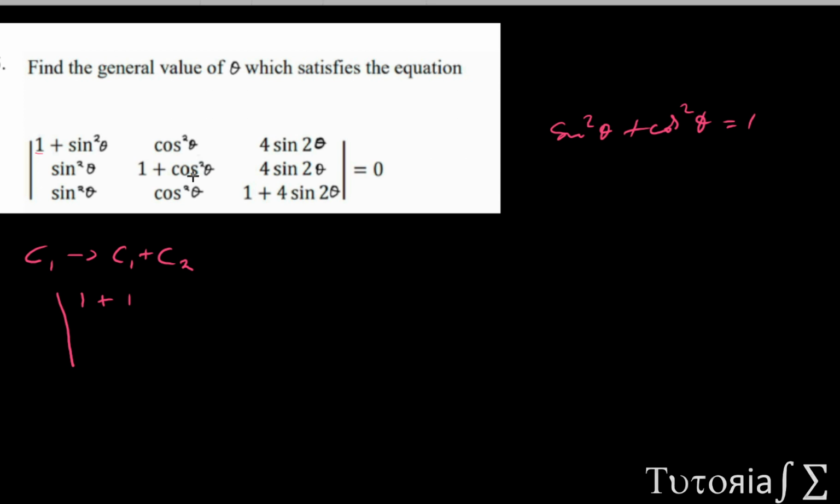When the sine squared and the cos squared add, it will be 1, so it will be 1 plus 1. Let me just write the final result, which is 2, so that I avoid writing over and over again.